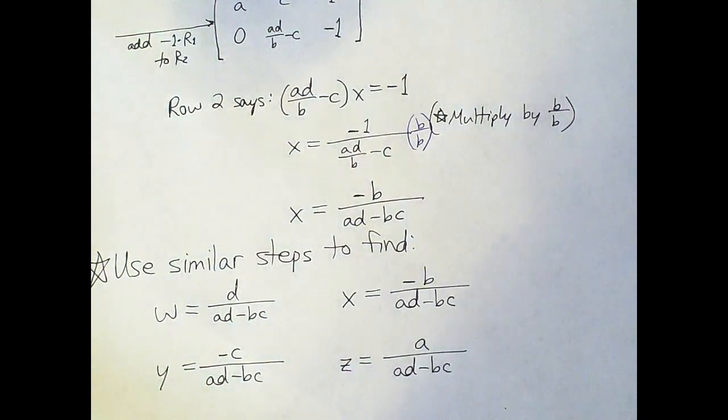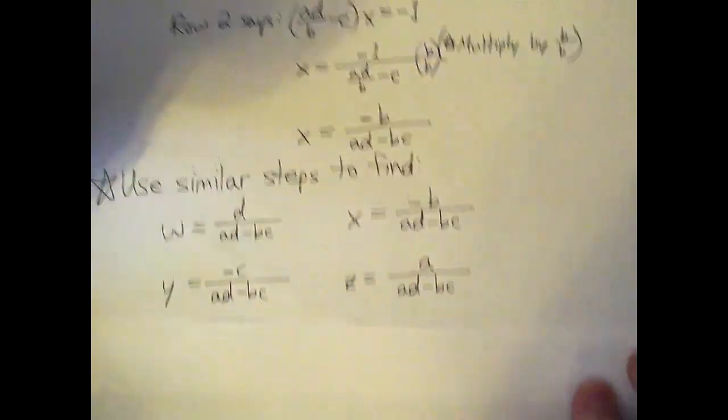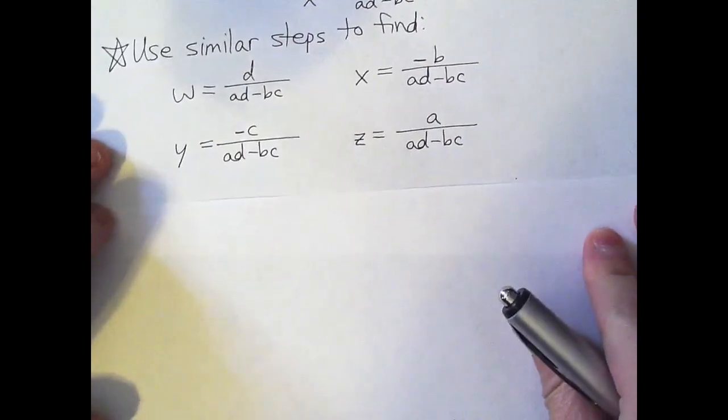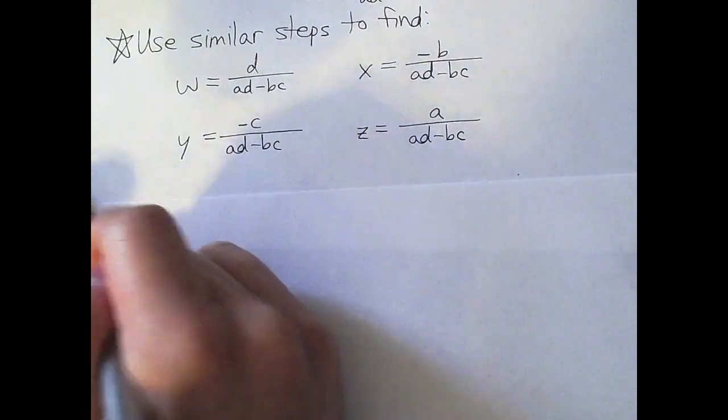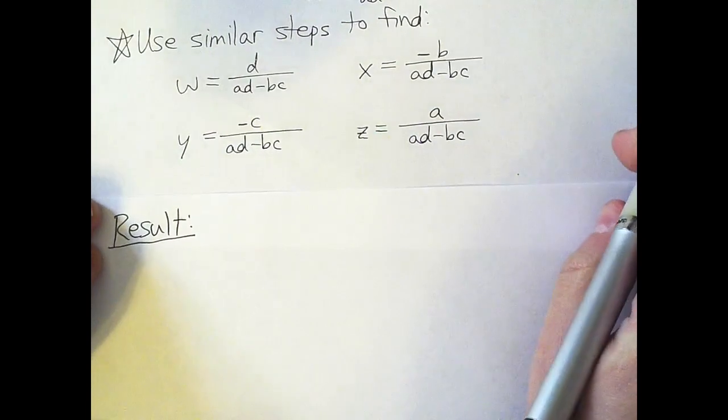So what does this mean? If we're given a 2x2 matrix, can we kind of use this to find the inverse? I think so, yeah. So here's what I'll say. The result. And we're also going to summarize this at the end.